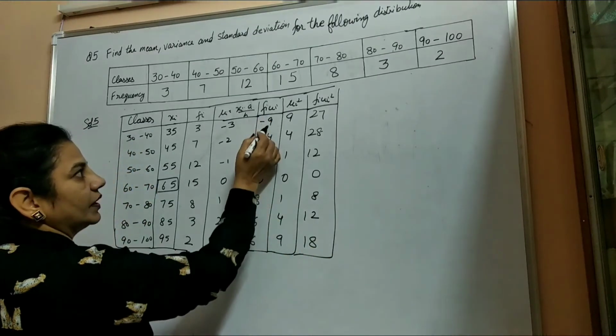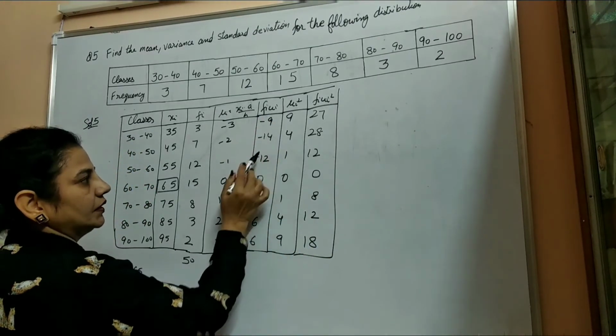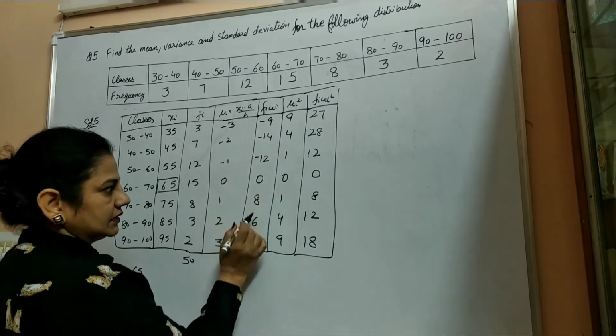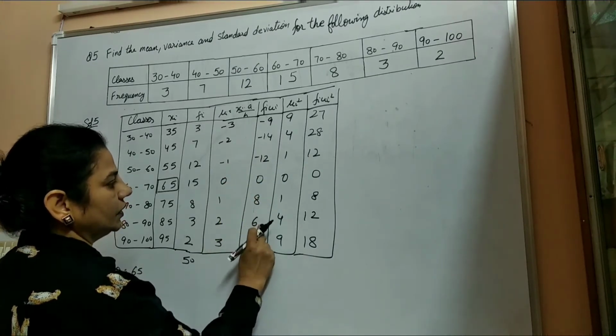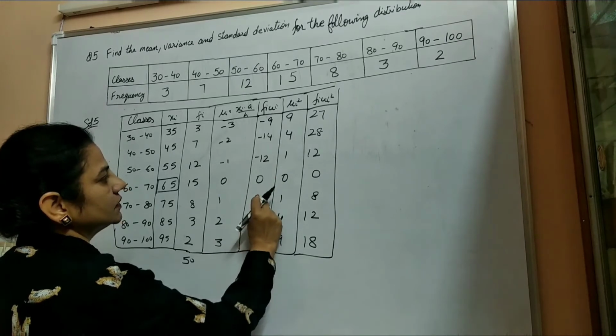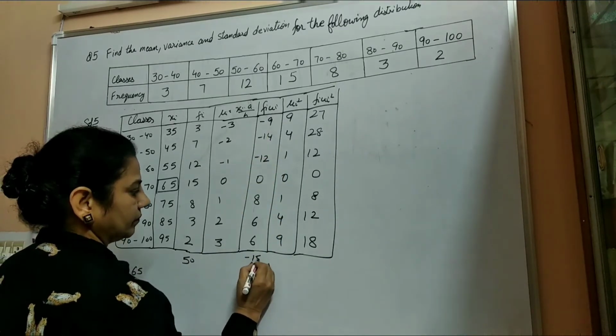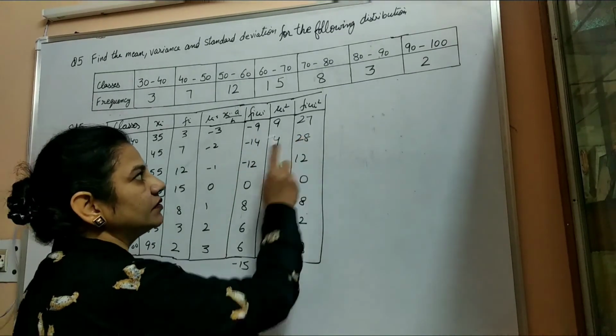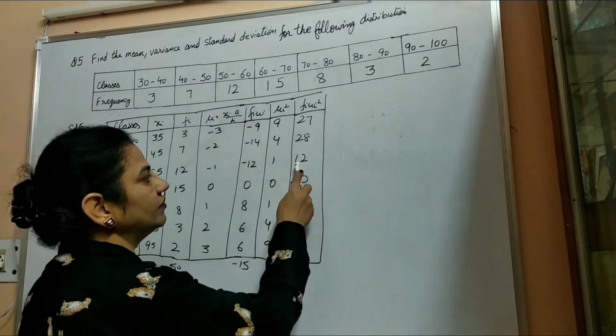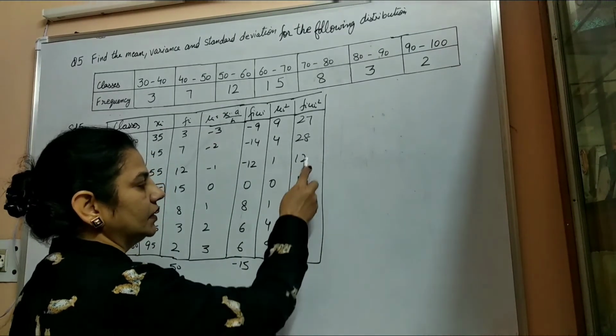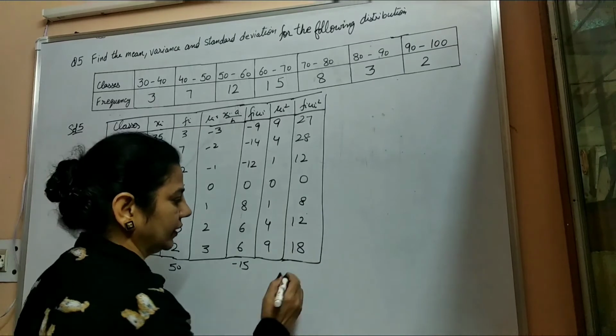Take the sum of fi ui: minus 23, minus 37, the 14 and 12 cancel out, so we get minus 6, minus 15. For fi ui square: 27 plus 28 is 55, plus 12 plus 8 is 75, plus 30 is 105.